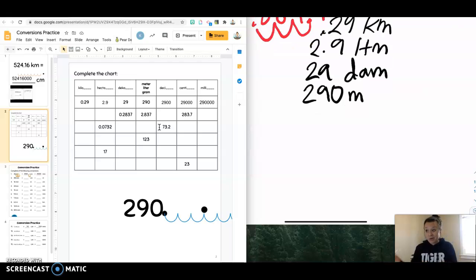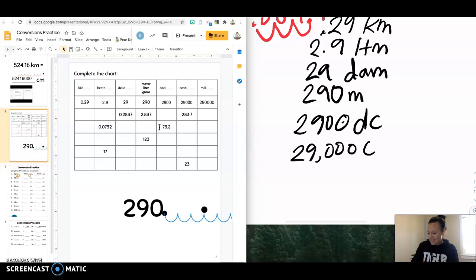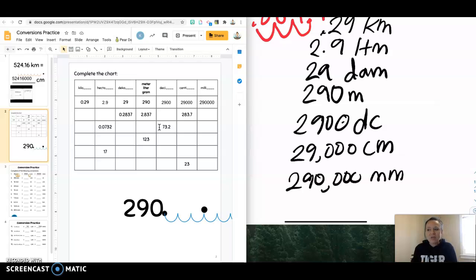Which is also equal to 2,900 decimeters, 29,000 centimeters, and 290,000 millimeters. Okay, so you're going to do that across the board on all of them. So you just have to find the unit that you want to start with, and then you're going to convert to the left to make it bigger. To the left to go to a bigger unit, or to the right to go to a smaller unit.